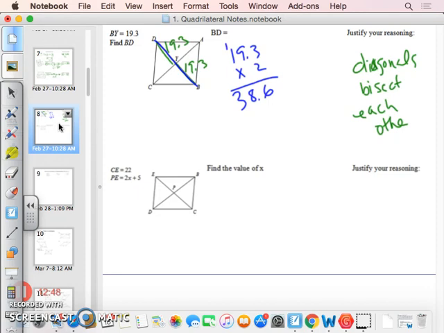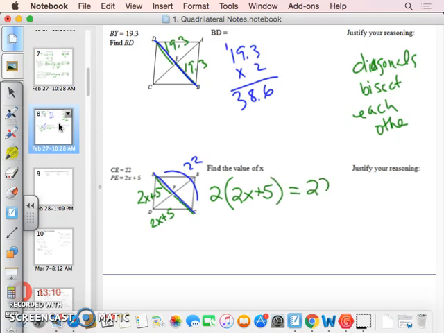All right, here again, if I know that this entire length is 22, and I know that this side right here is 2x plus 5, then this side right here is 2x plus 5. So 2 times 2x plus 5 equals 22.